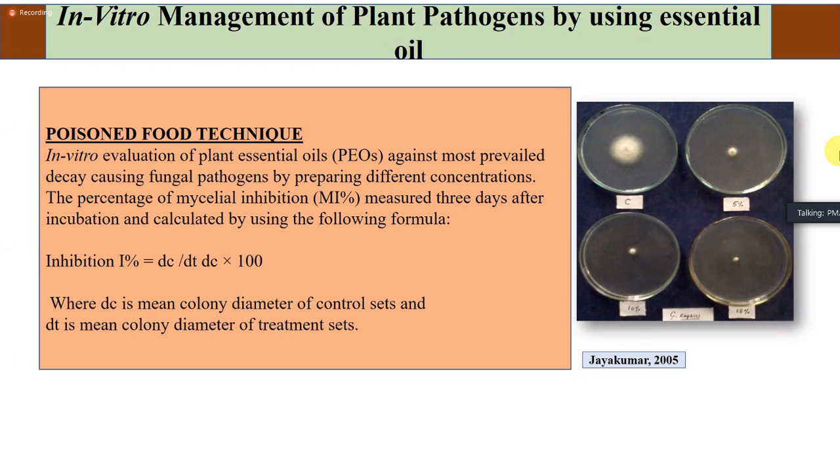This is one method of the poison food technique, where we mix the essential oil in all our Petri plates. In our lab we also use another method, where we dip the swab in essential oil and place it on the lid of the Petri plate. This also plays an important role, but I faced a lot of contamination over time. So I recommend that the poison food technique is much better compared to the other one.